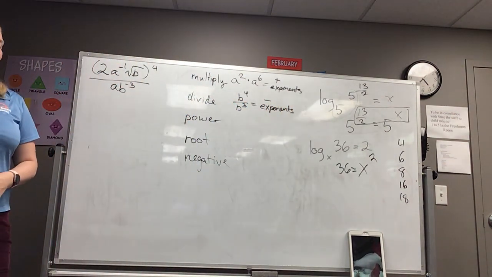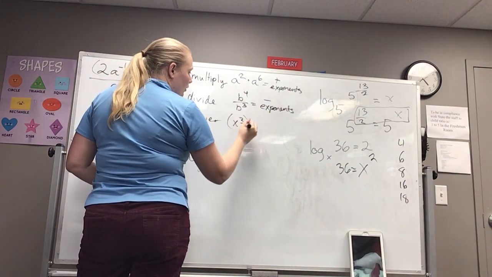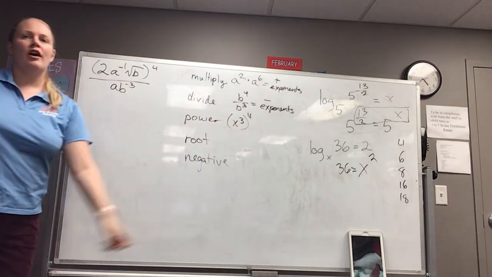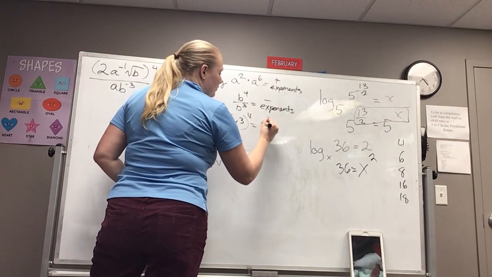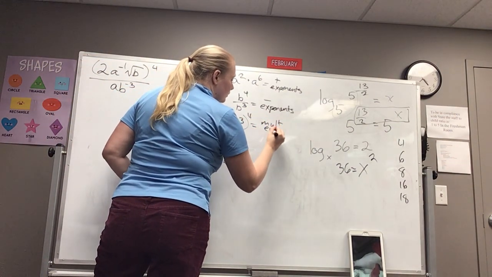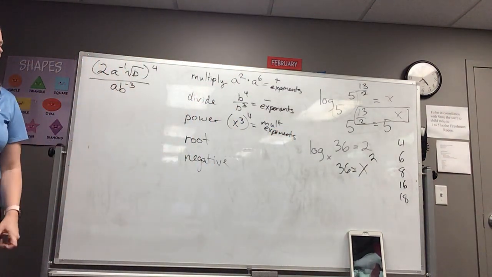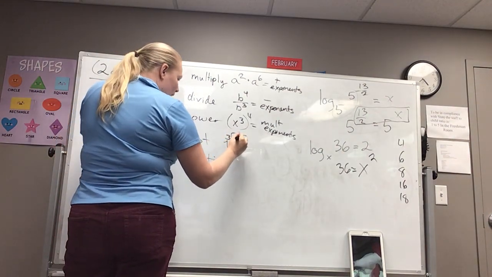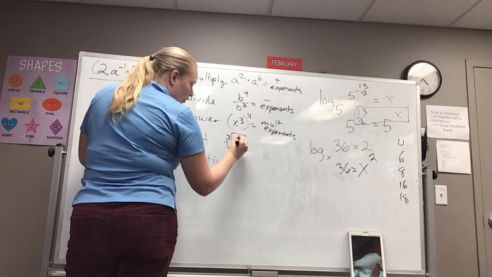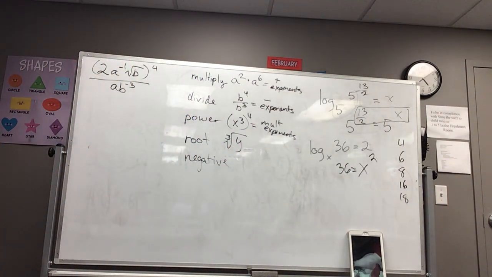When we have power to power, if I have x to the 3rd to the 4th, this is one we brushed on. We multiply. When we have a root, if I have the 3rd root of y, what do we do with that one?